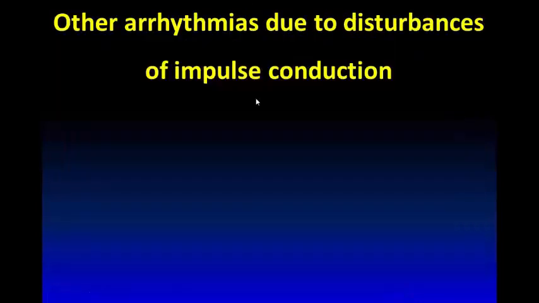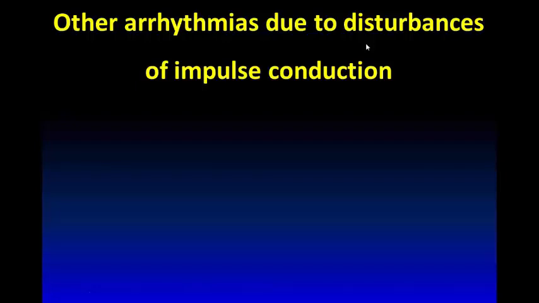So we have now described the arrhythmias which are due to alterations or disturbances of impulse formation. And now let's move on and describe the other arrhythmias which are due to disturbances of impulse conduction.